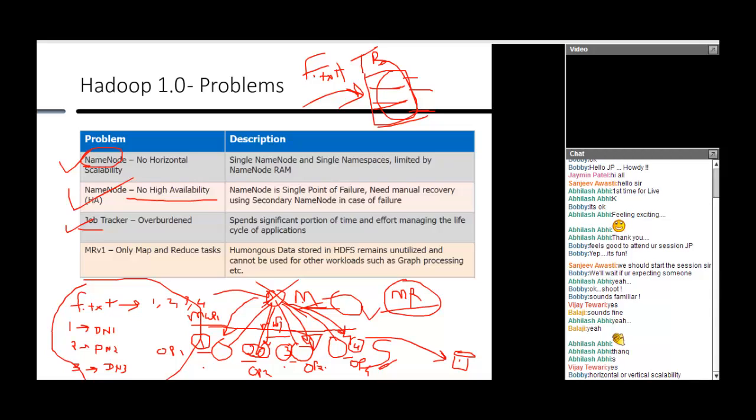The vertical scalability, as you remember when we discussed, is increasing the power of a single machine. So if you have a single name node machine, you can still add more RAM, increase more hard disk, add more processing power. So it is still vertically scalable, but you cannot add one more machine and make it as a name node, right? So no horizontal scalability.